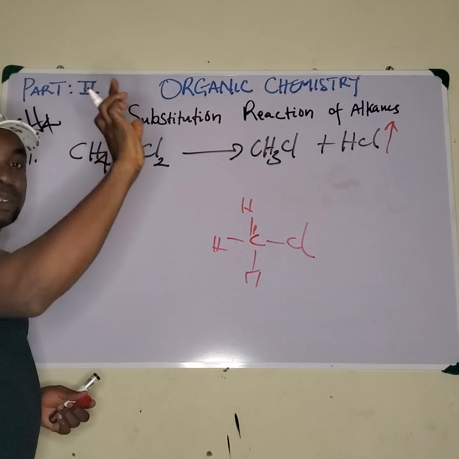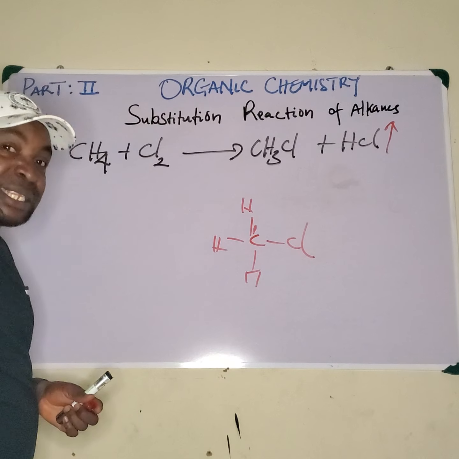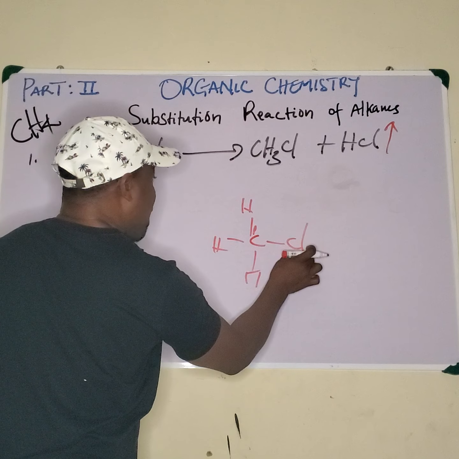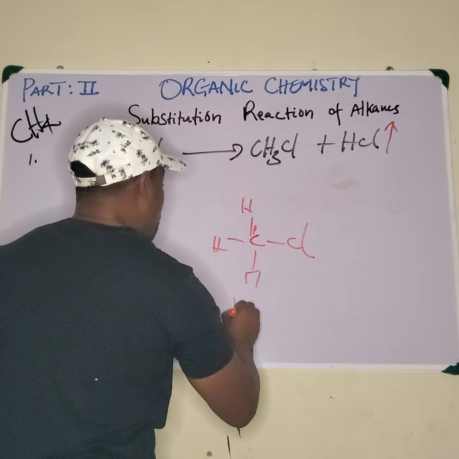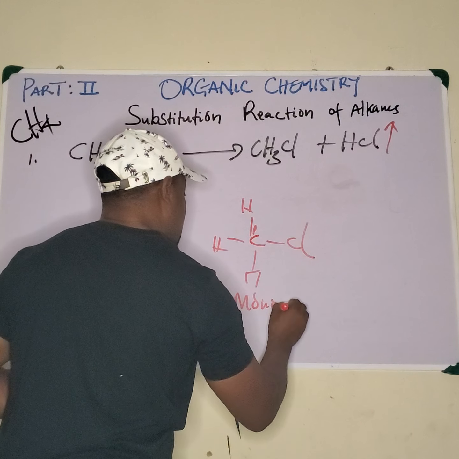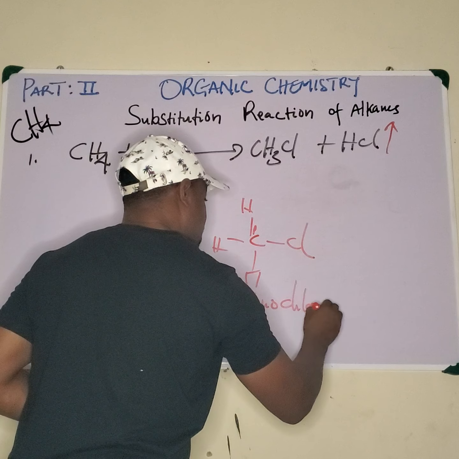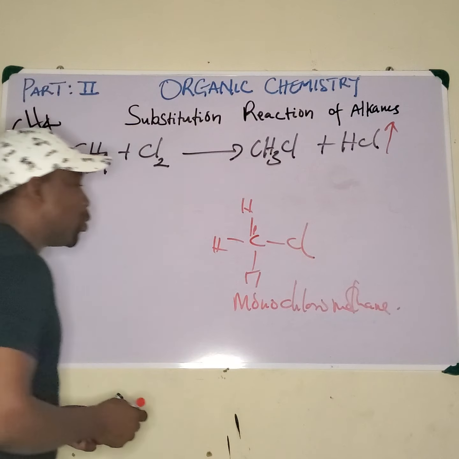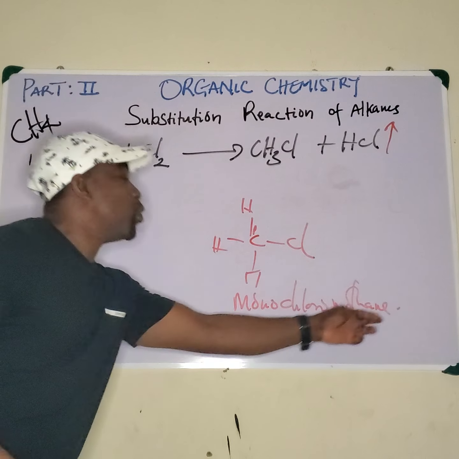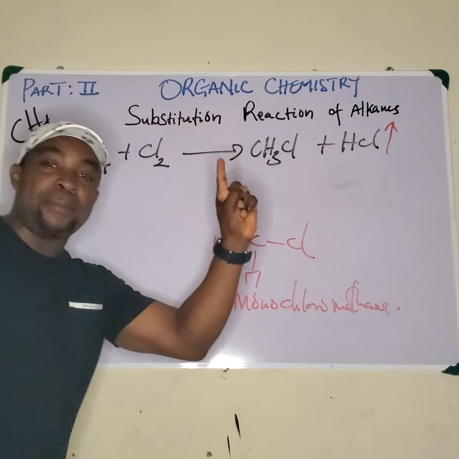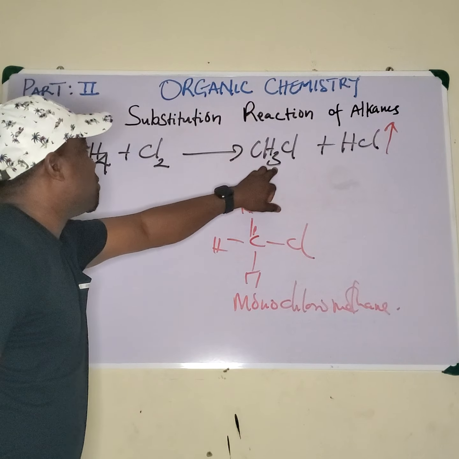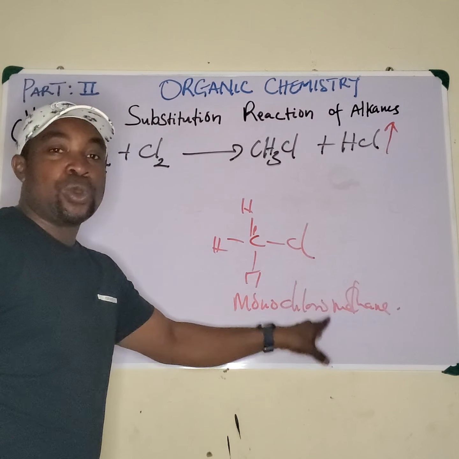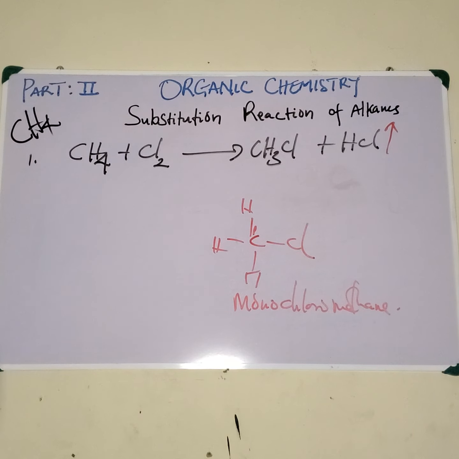It's only one carbon, which means the parent hydrocarbon is methane. So some people call it monochloromethane, or you can call it chloromethane because it's only one carbon atom. That is the first one.